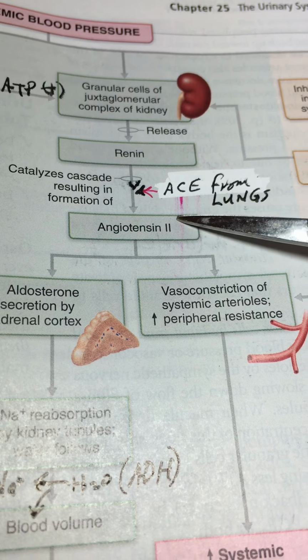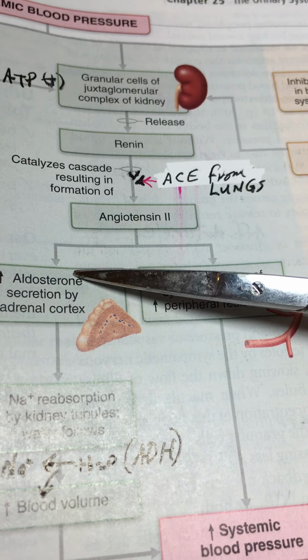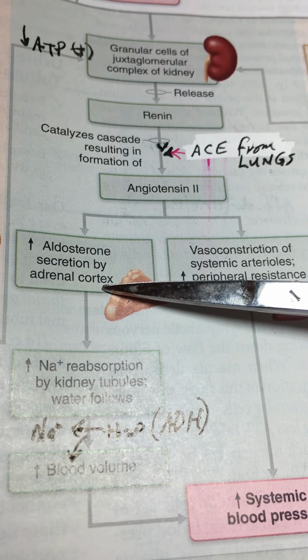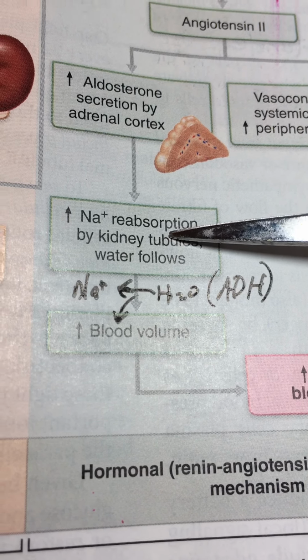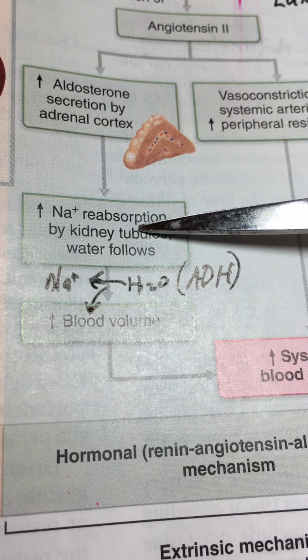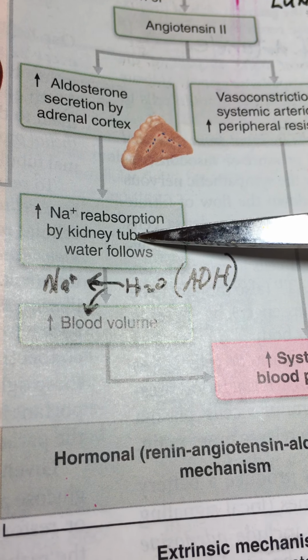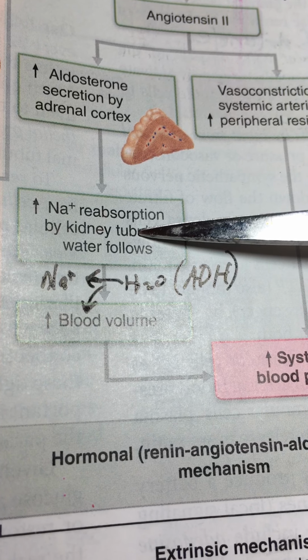Angiotensin 2 is extremely powerful, and it has a dual function. One causes the release of aldosterone, and with the release of aldosterone, we get to spare sodium. Okay, so sodium is pumped out of the potential urine, out of the filtrate, in exchange for potassium.